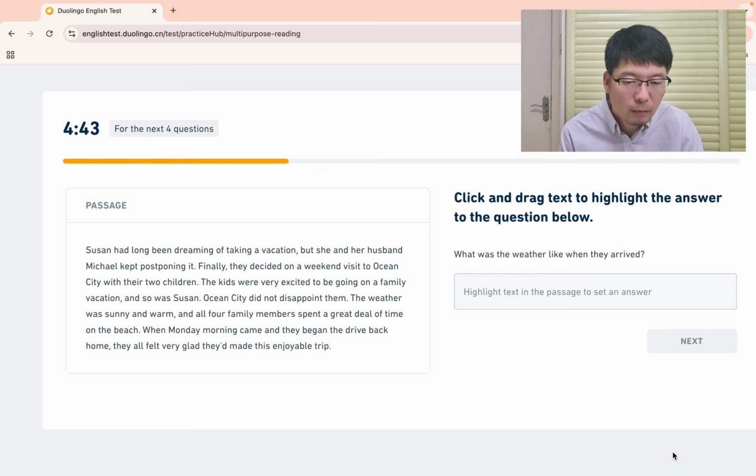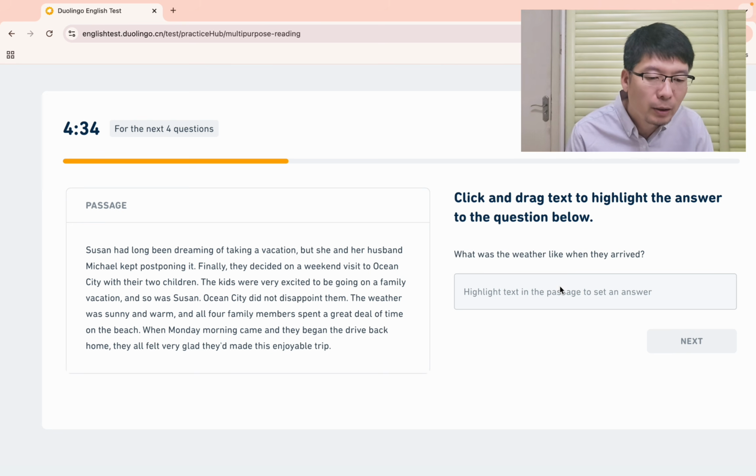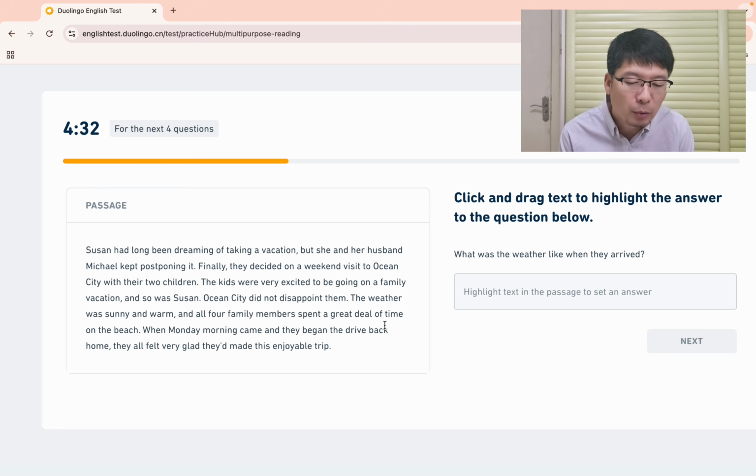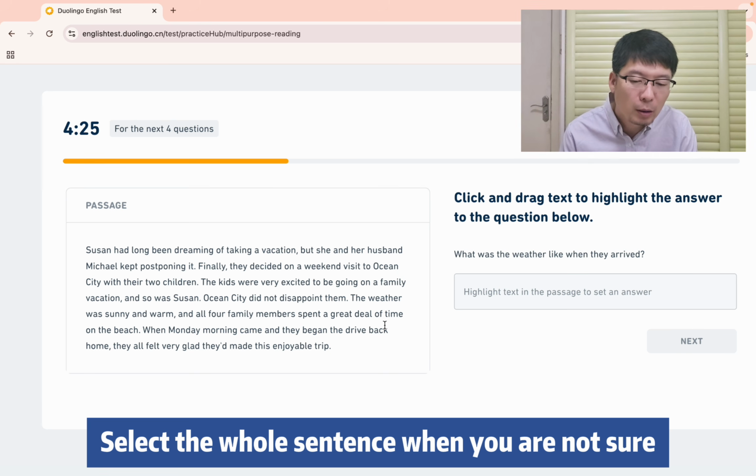Okay, in this type, click and drag text to highlight the answer to the question below. What was the weather like when they arrived? So here we need to give the exact, accurate answer. And sometimes if you are not sure how many words you need to select, you can also select the whole sentence. But if you are sure, you just need to select the phrase.